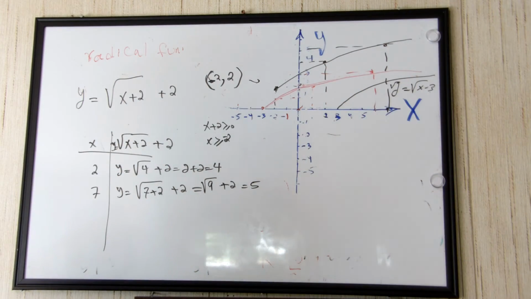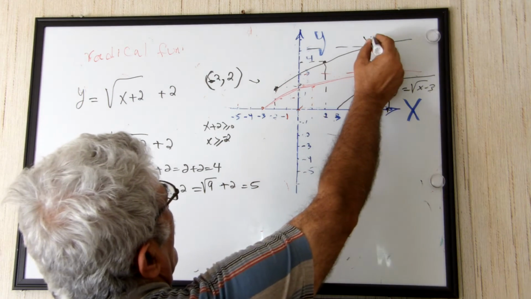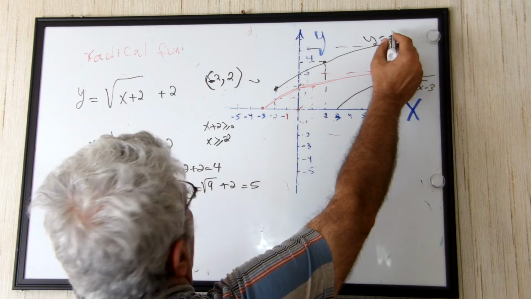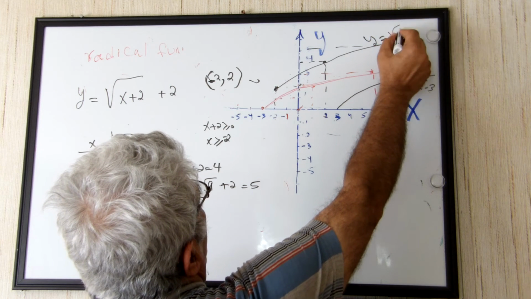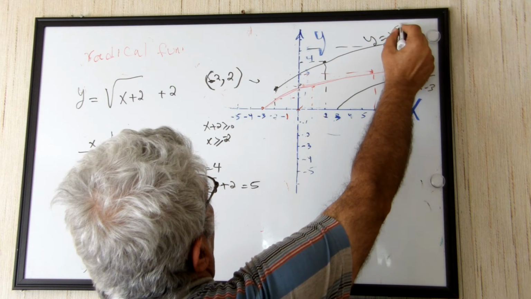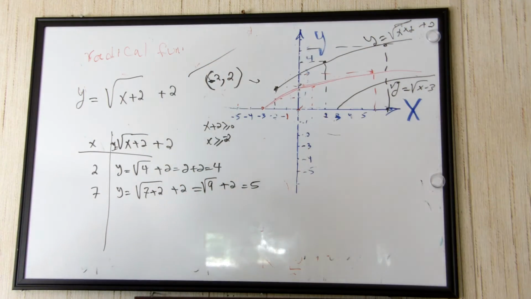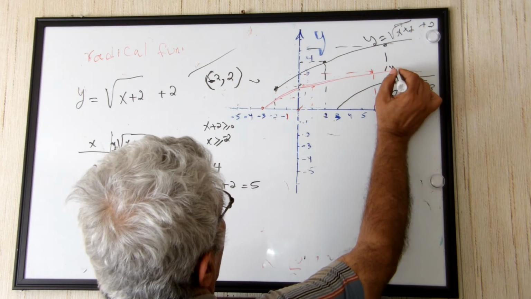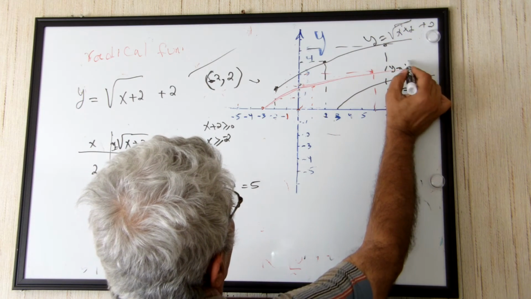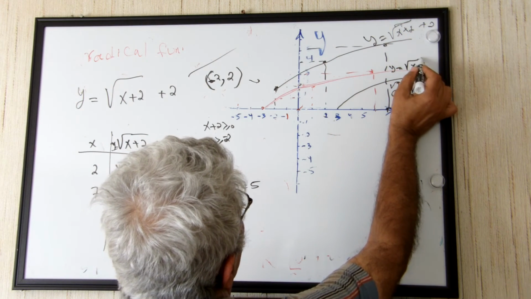It's going to be like that. This is y equals the square root of x plus 2, plus 2. And that one was y is equal to the square root of x plus 3.